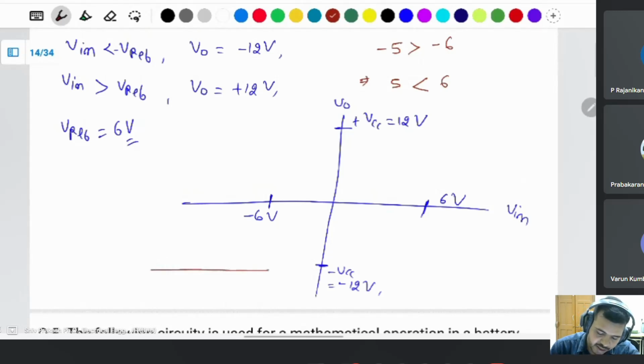Then it will be triggered. Triggered will be when the V in is greater than the V reference. It means it will be triggered here only. This is passing through here. Then it will be triggered. That's why it's known as the Schmitt trigger. Triggered here, then current flows like that.